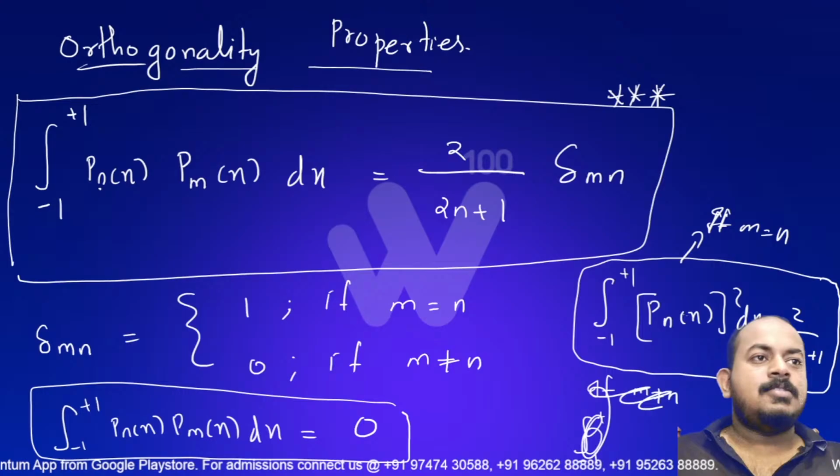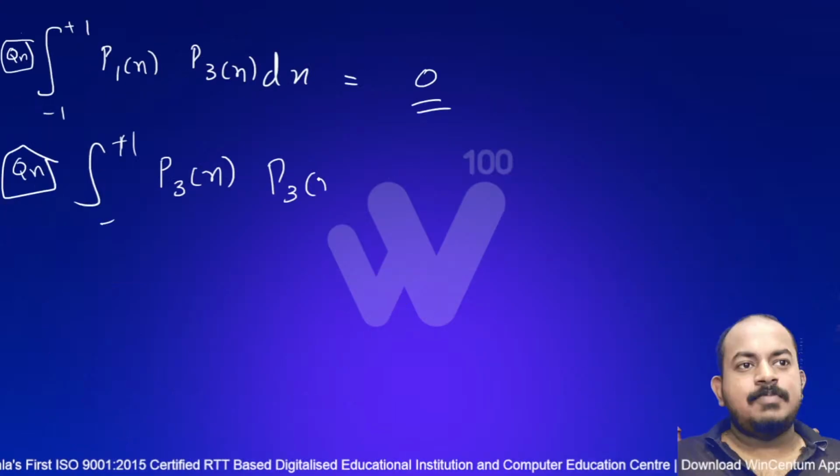Let's do a second problem: the integral from -1 to +1 of P3(x) times P3(x) dx. So what would be the answer? This is in the form of the integral from -1 to +1 of P3(x) the whole square dx, right?